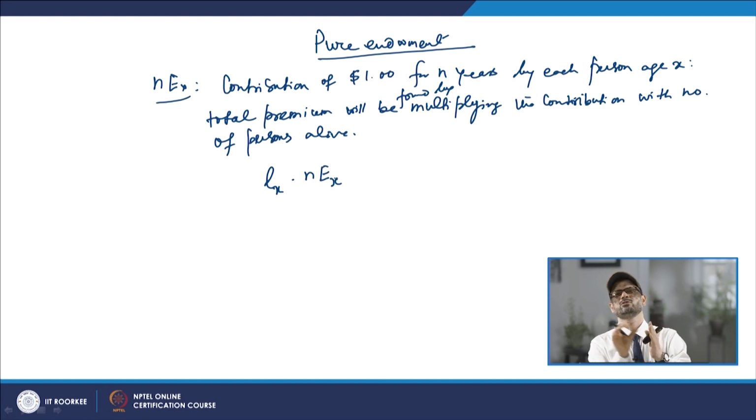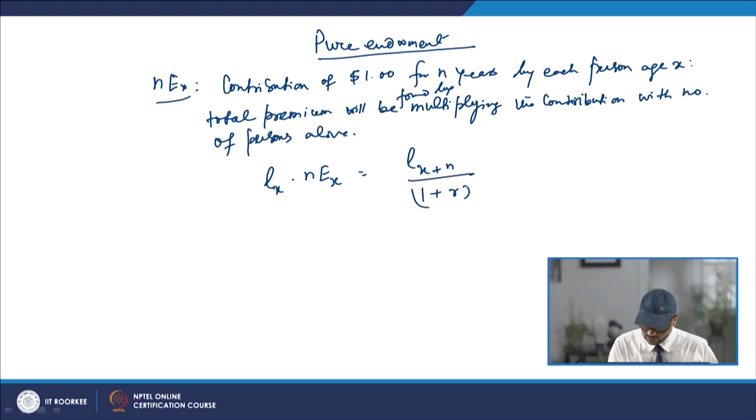Because it is for n years, it will be basically lx plus n divided by the factor 1 plus r raised to the power n. So nEx will be lx plus n divided by 1 plus r raised to the power n, and then divided by lx.